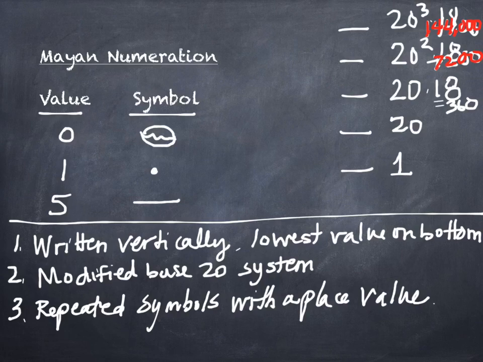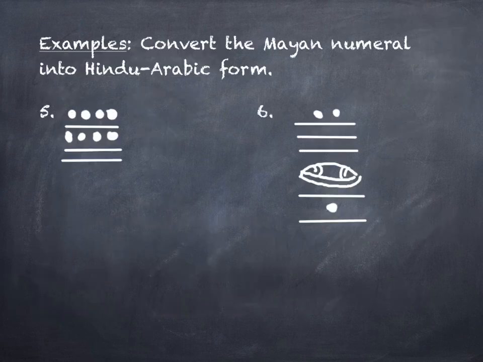That's what the Babylonians did too, right? They repeated some symbols within the place value of 1 or the place value of 60 and so forth. I am going to convert one of their numbers and then we're going to stop for today because I want you to have a chance to practice, and we'll pick up the rest of theirs next time.